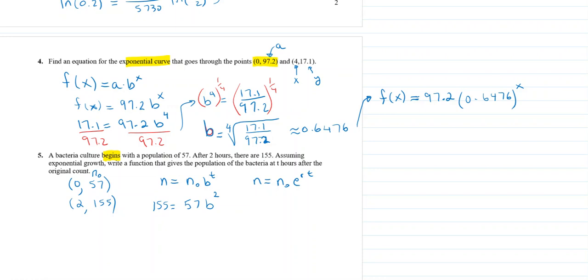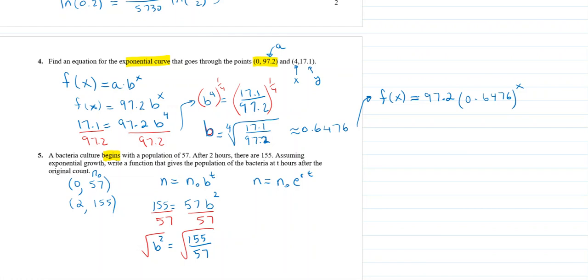So we will divide both sides by 57. And we get b squared equals 155 over 57. Then we square root both sides, which again, normally that means I would have to put a plus or minus. But because the base of an exponential cannot be negative, I won't do that. It's just the positive.